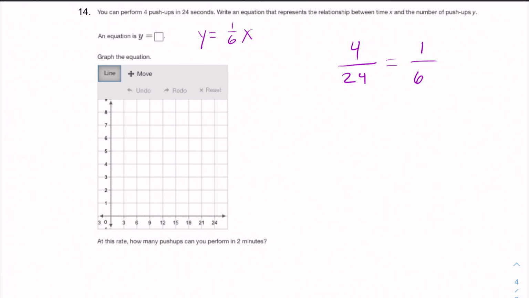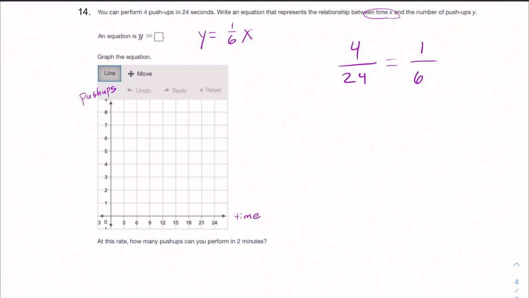So let's graph the equation. Down at the bottom, I have my x-axis, which is time. It tells me that time is x, and push-ups is y. So these are my push-ups on the y-axis. We know that the 6 is seconds.